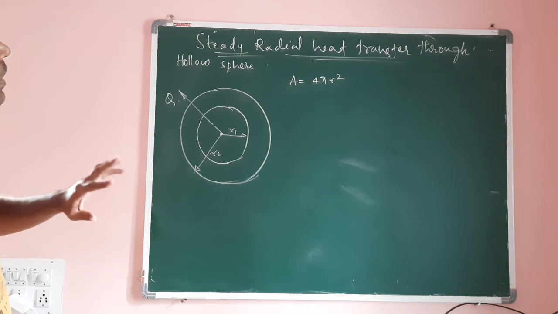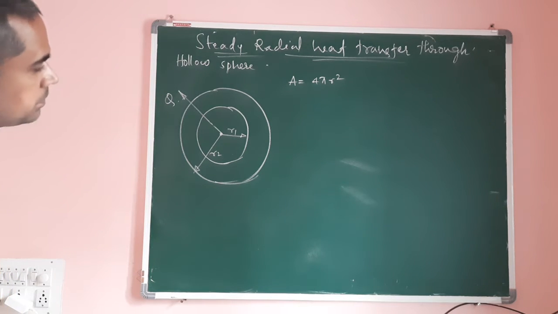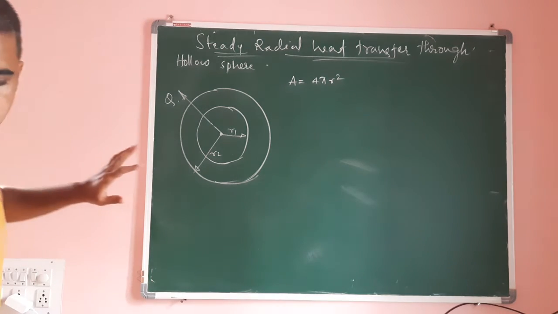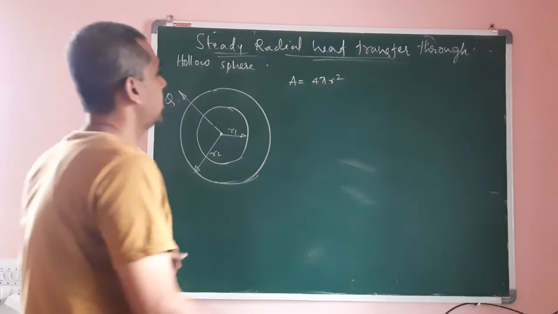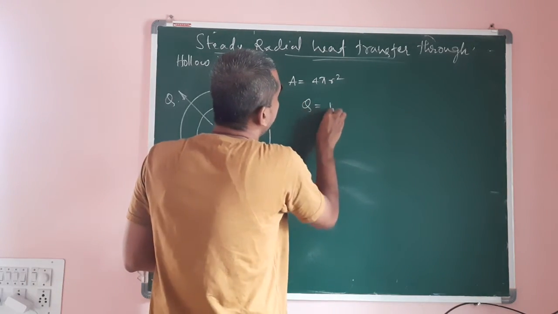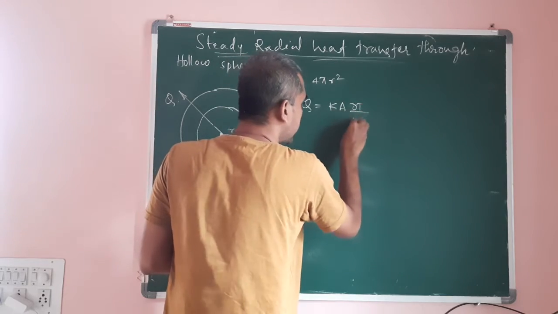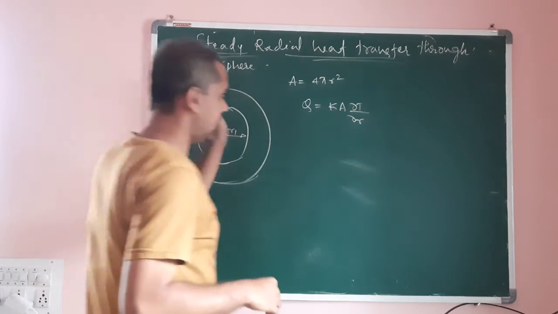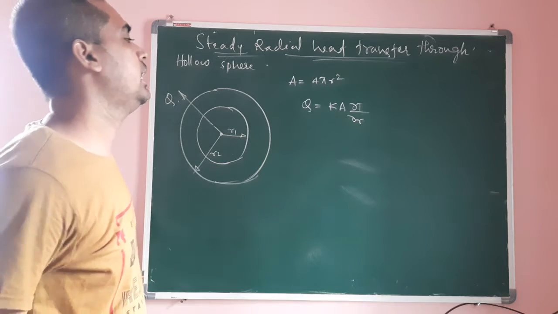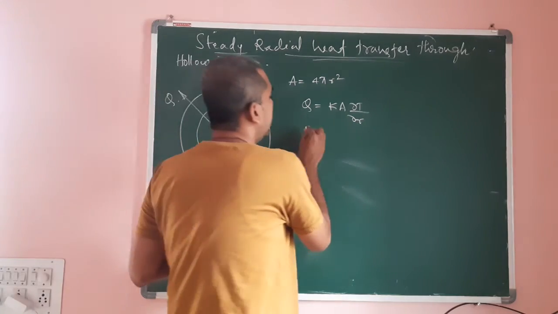For that, we know from Fourier law of conduction, heat flow can be given as Q equal to K A dou T by dou R, because it is in the radial direction R. We are calculating heat, therefore how to calculate A?